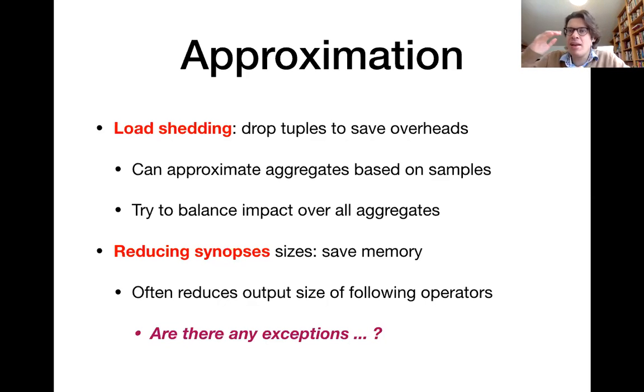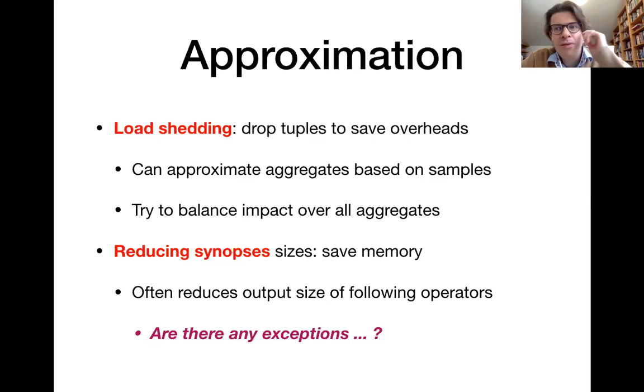So you can estimate what would be the aggregation value. For instance, if you calculate an average over some input stream, and then we are dropping half of the input stream, you can still get a pretty reasonable estimate for what the average is gonna be. And if you have multiple queries in your system, then they try to balance out the impact between multiple queries and make sure that no query suffers too much.